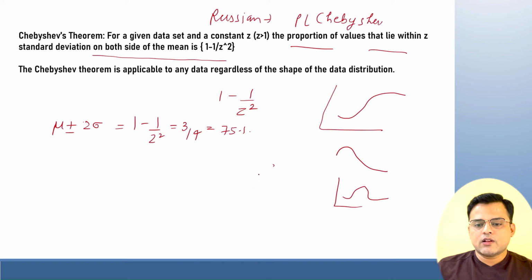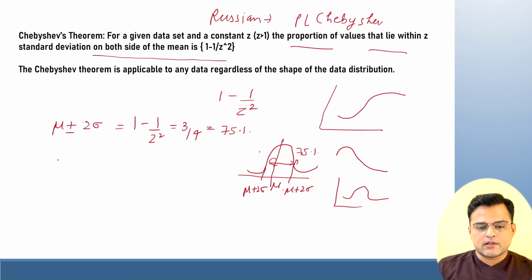If this is a normal distribution and this is mu, then this is your mu plus 2 sigma, and this is also your mu minus 2 sigma, a rough figure. So 75% of the values will lie within 2 standard deviations.